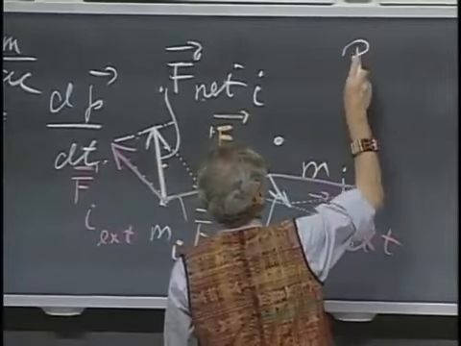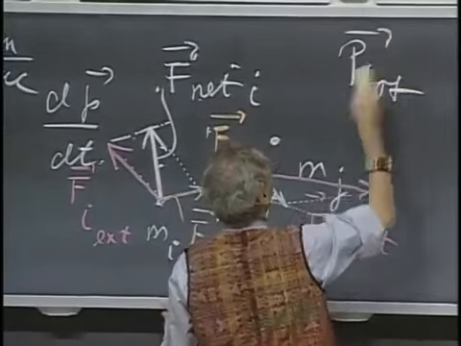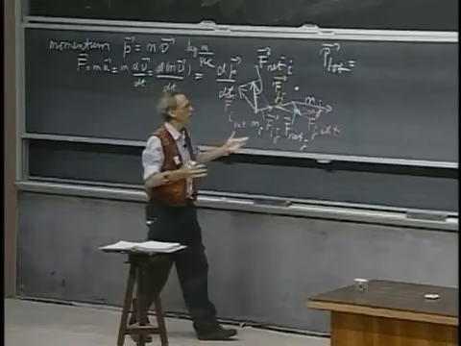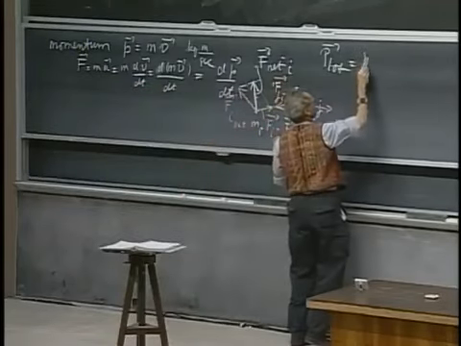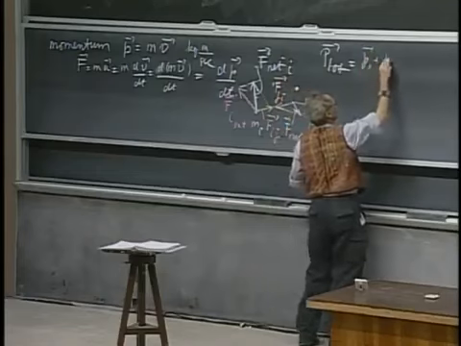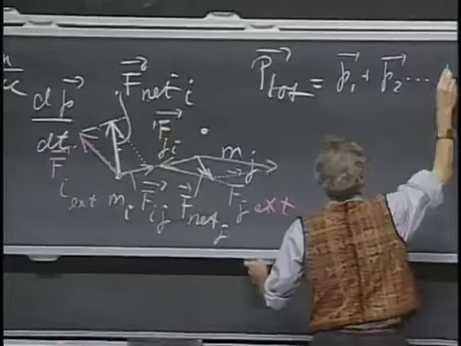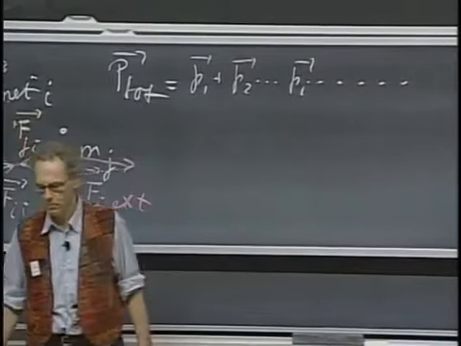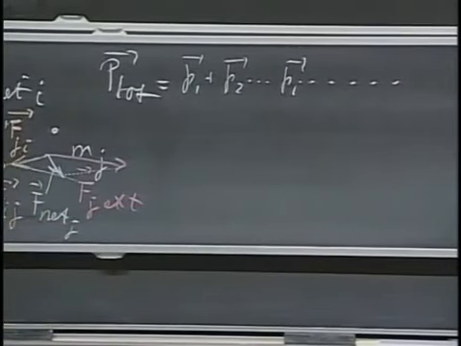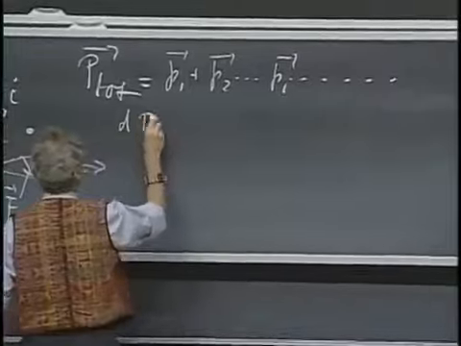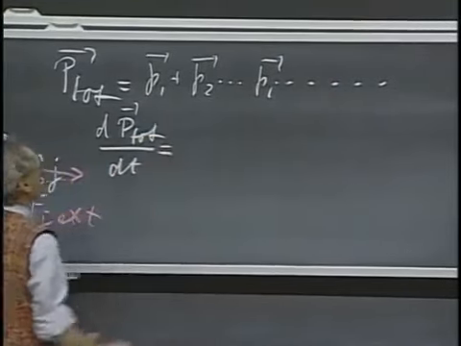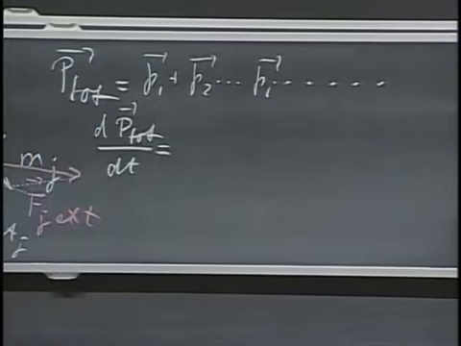What is the total momentum of these zillions of particles? Well, that's the sum of the individual momenta. So that is P1 plus P2, plus Pi, and you have to add them all up. I take the derivative of this, dP total/dt, that is dP1/dt. Well, that's the force on number 1.